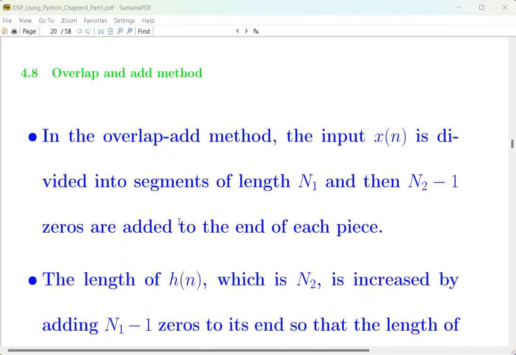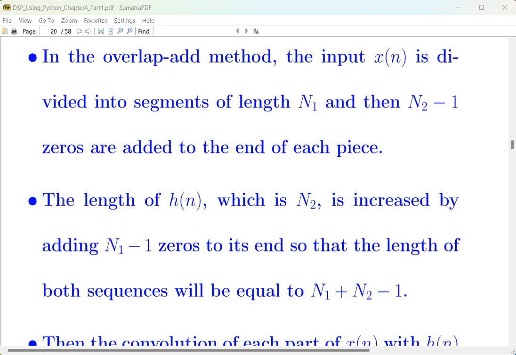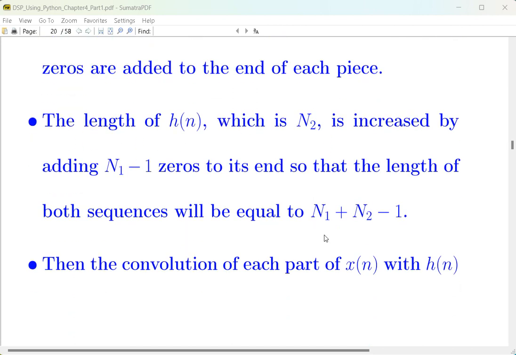Right. Now we are defining the overlap and add method. In the overlap and add method, the input x of n is divided into segments of length n1, and then n2 minus 1 zeros are added to the end of each piece. The length of h of n, which is called n2, is increased by adding n1 minus 1 zeros to its end, so that the length of both sequences will be equal to n1 plus n2 minus 1.